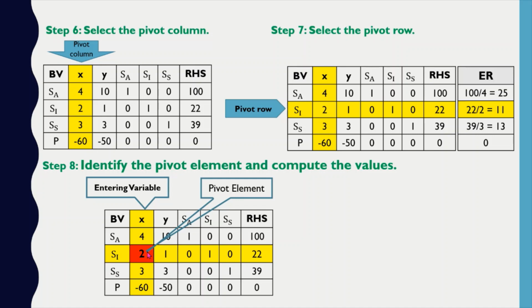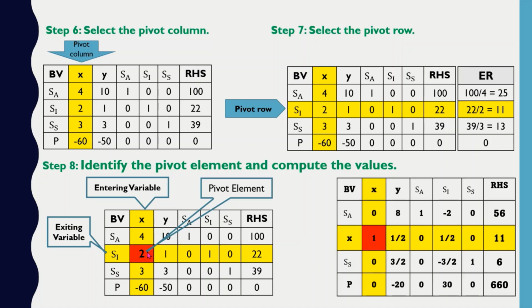Then we identify our exiting variable, the slack variable or temporary variable SI, for inspection. We're going to exit that. That means we're going to replace that with x. So in the new table, as you can see in the second row, we replace our SI with x.